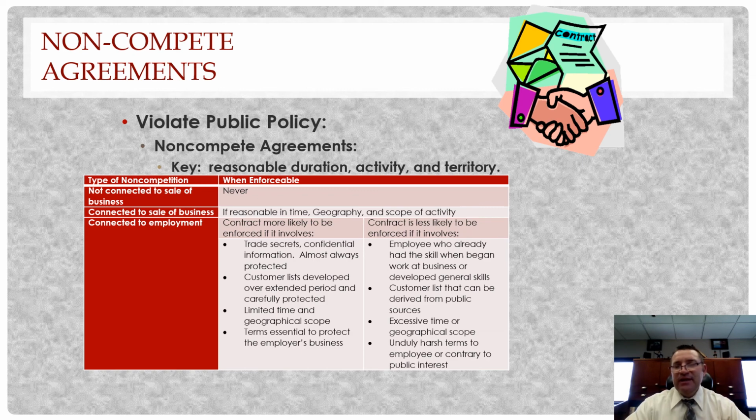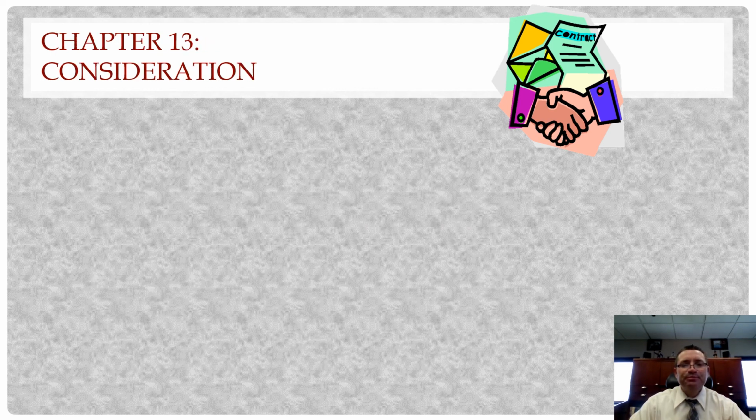If it's 3 years, 5 years, and nationwide, then again, we're not going to enforce it. Or if it just seems unrelated and unduly harsh, then it's against public policy. That's really rare. So there's a graph for you guys to take a look at what the court's going to look at.